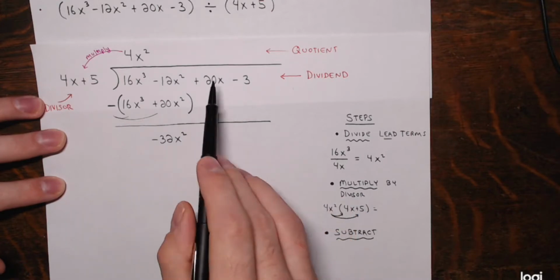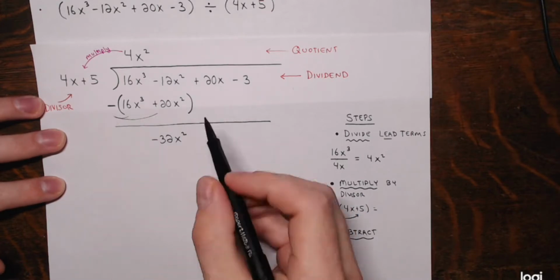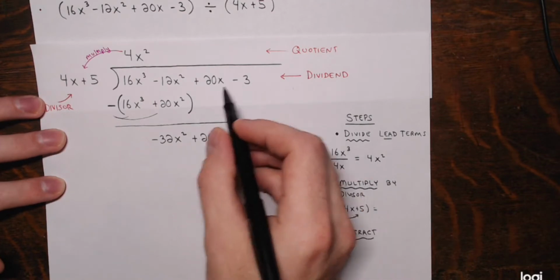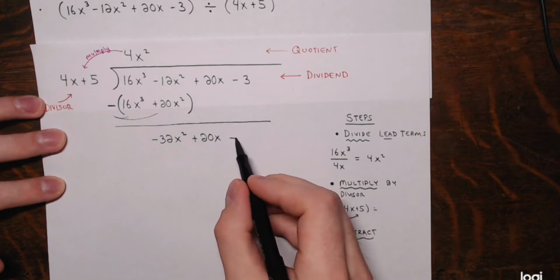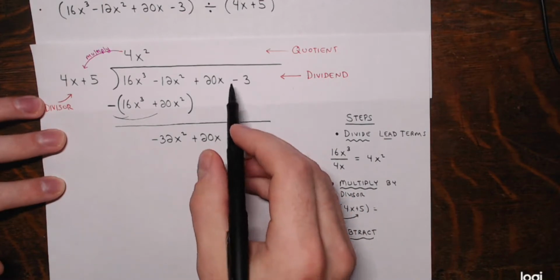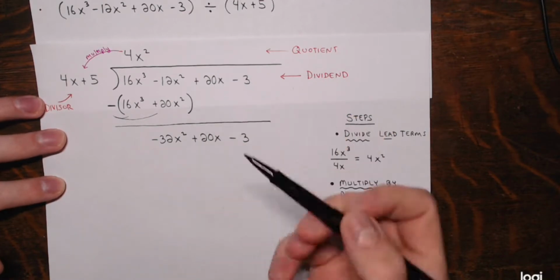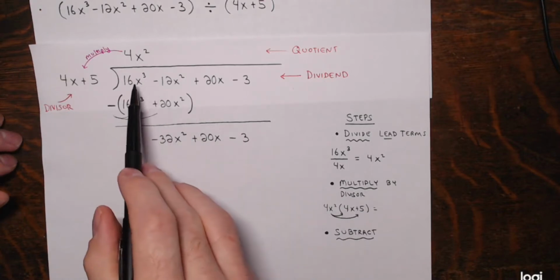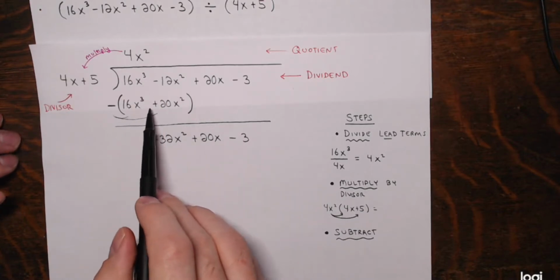And then you have 20x minus nothing would be positive 20x again. Then negative 3 minus nothing would be negative 3 again. So basically, the terms that don't have anything to subtract away from just get dropped down. But you are just subtracting the line you just wrote from the previous line.